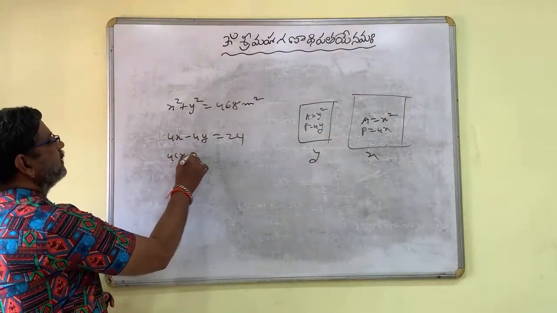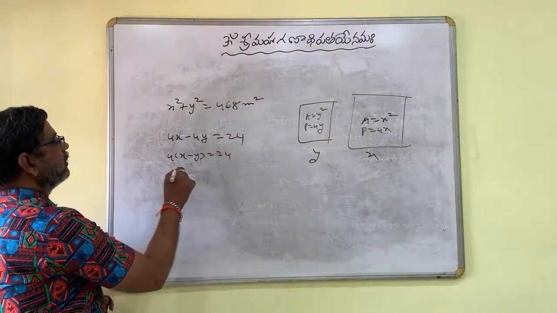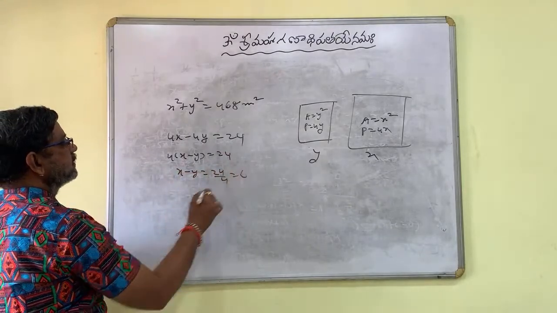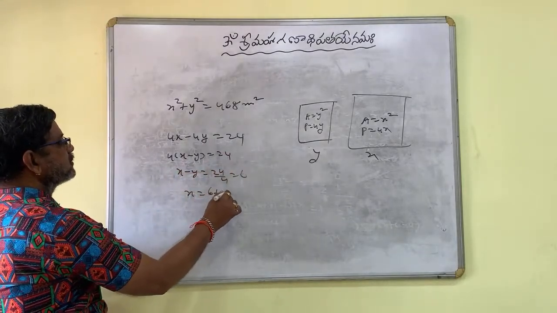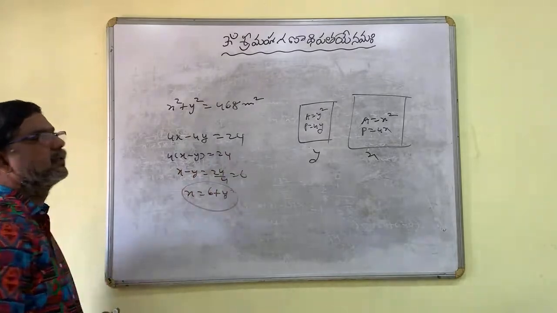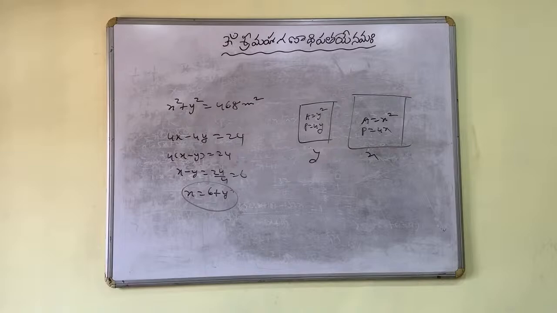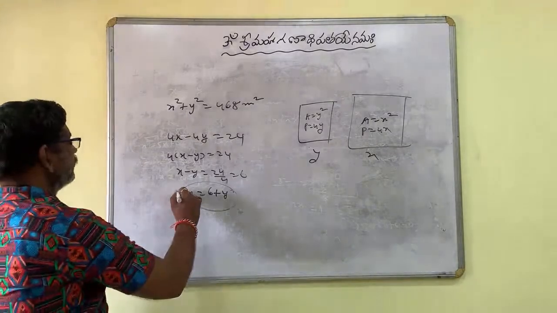Take 4 common: 4 into x minus y is 24, so x minus y is equal to 24 by 4, which is 6. x is equal to 6 plus y. We need to find the values of x and y. Now substitute this value over here.